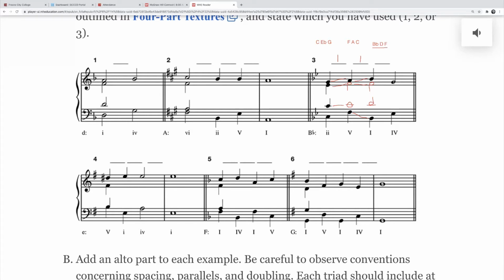With me? Okay, next we need a 4 chord in the key of B flat. A 4 chord, according to my chart, is E flat, G, B flat. Do we have a common tone? B flat. We do.